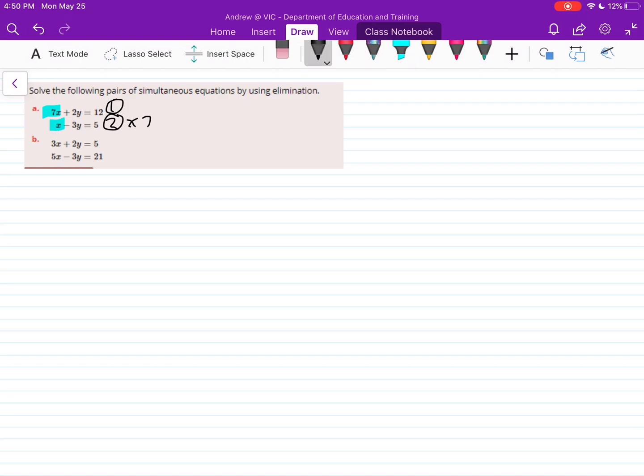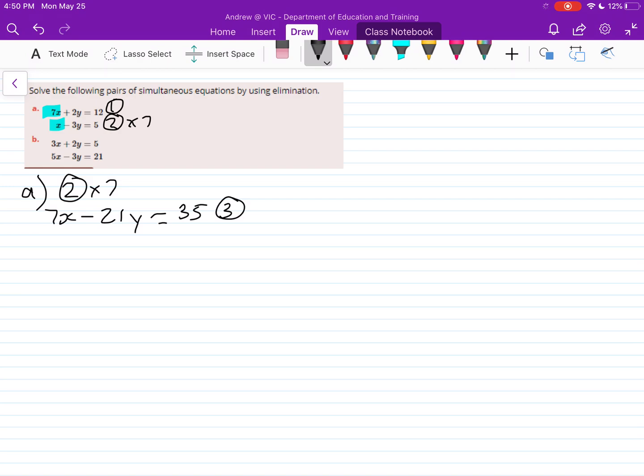So I'm going to do equation 2 times 7, and this makes 7x minus 21y is equal to 35. I'm just going to call that equation 3.